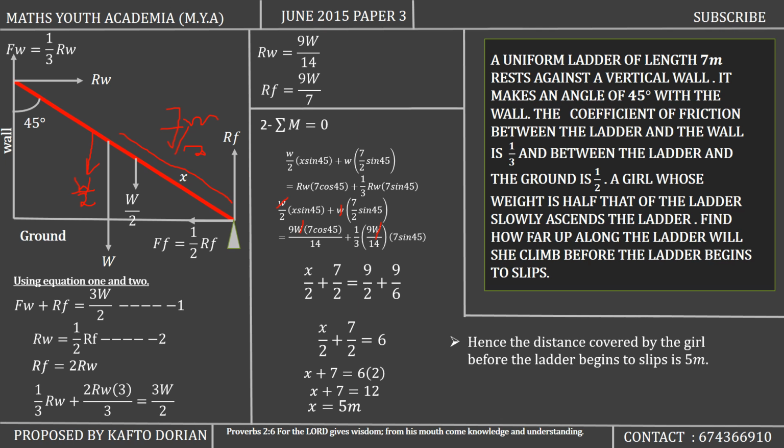So it's the distance from the weight to the pivot, in which the distance covered by the girl is 5 meters, which is more than that. So it means normally the girl is located at this point here on the ladder, not on this side here. That's it.